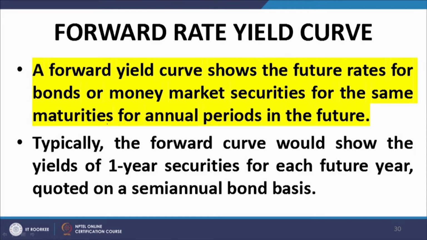A typical illustration is a curve which shows 1 year maturity rates for an investment which begins at t equal to 1 year, then begins at t equal to 2 years, from 1 to 2 years, then 2 to 3 years, then 3 to 4 years, 4 to 5 years and so on. So, these are 1 year forward rates which commence at different points in the future, 1 year apart.